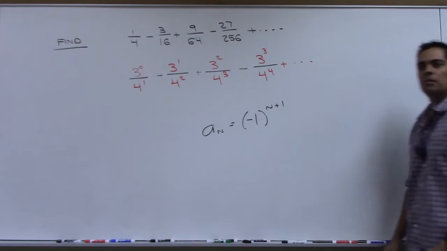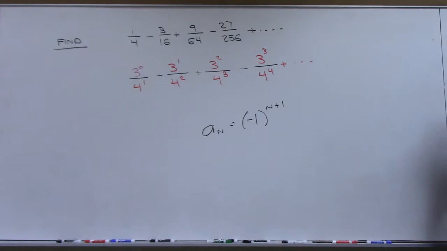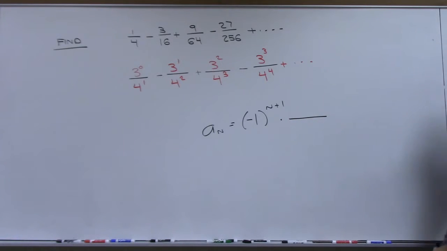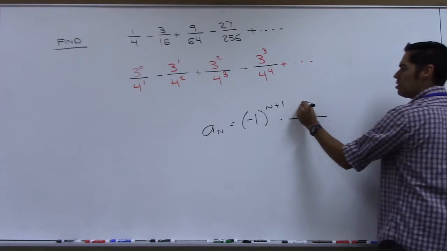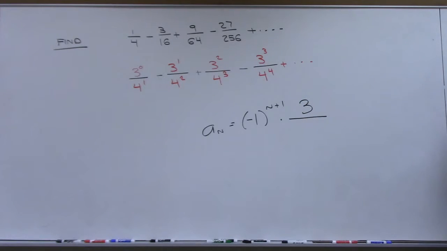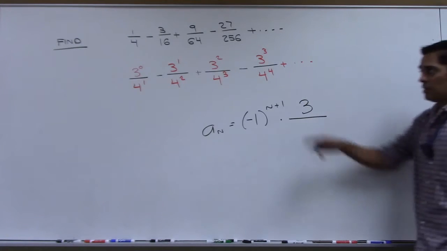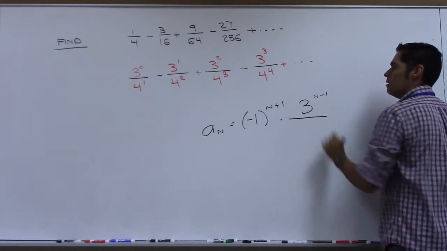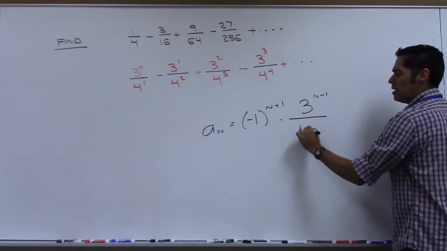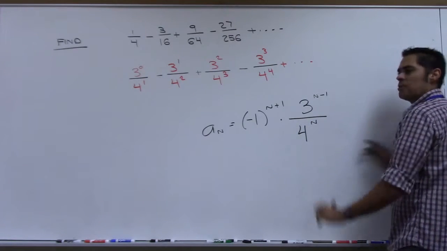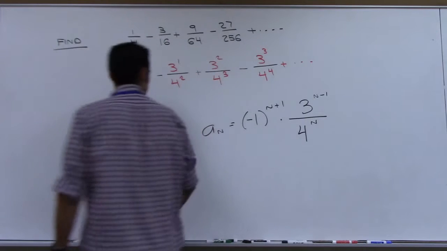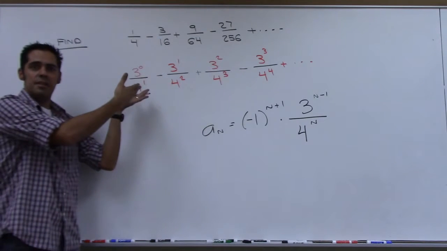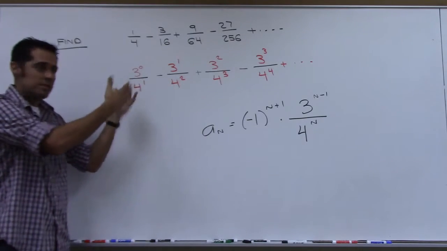That work for everyone? And then next to it, I have a fraction where my numerator is 3 to a power, but I want to start that at 0, so n minus 1 up here. And then on the bottom, 4 to the n, because I'm going to start at 1. That's the sequence that creates that series, isn't it?